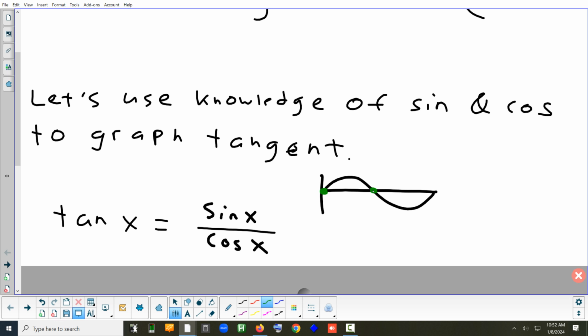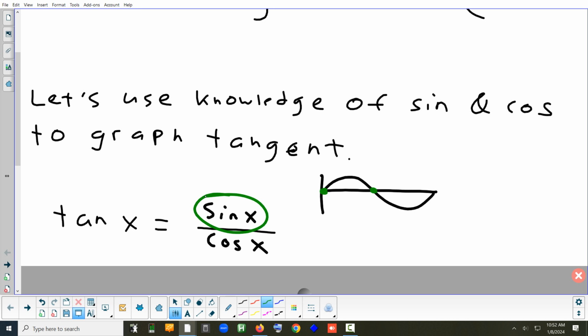Now, what do we know about the y value when something crosses the x-axis? It's 0. So that means that the top of this fraction will be 0 sometimes, and wherever the top is 0, that's when the sine is 0.